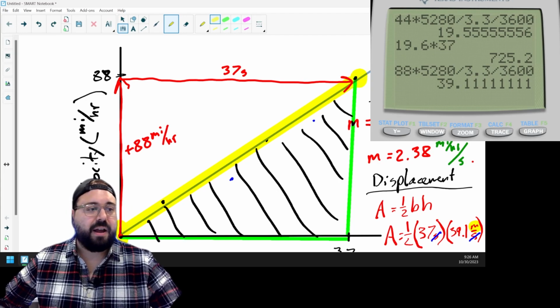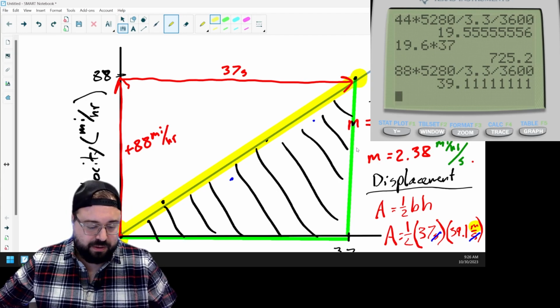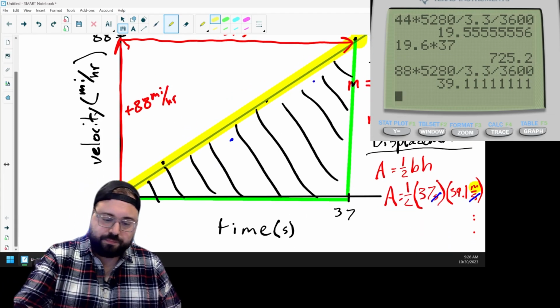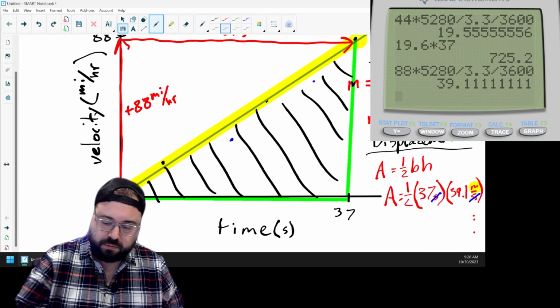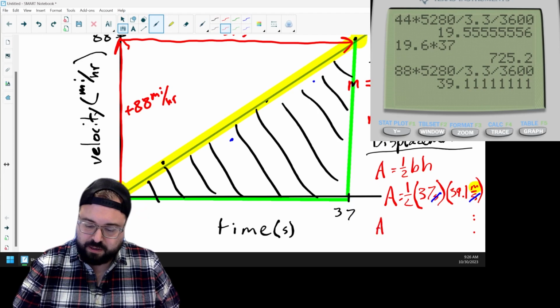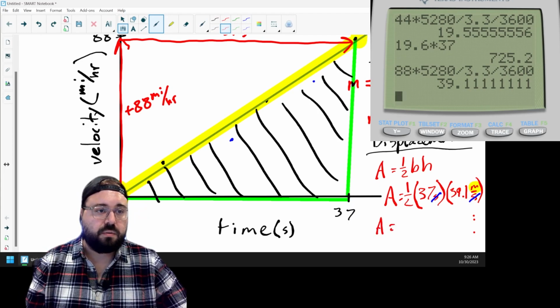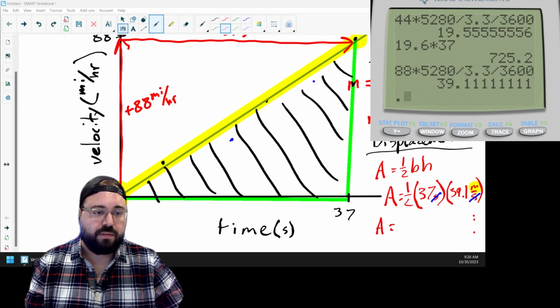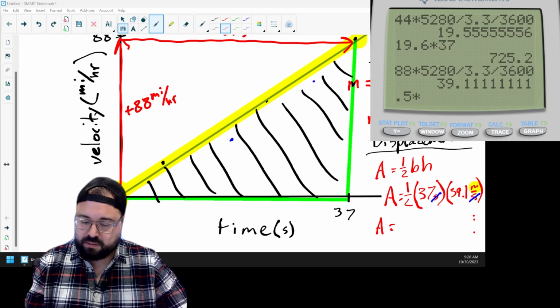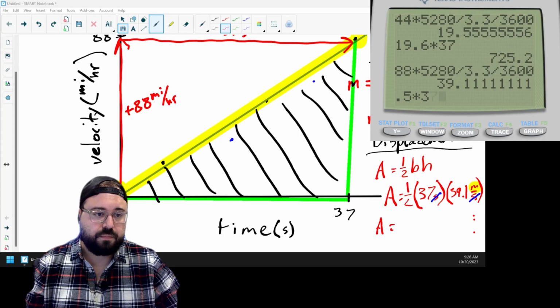We find the area, and you'll see that we get a very interesting number. We get area equals 1/2, so come back to our calculator here, 0.5 times 37 times 39.1.